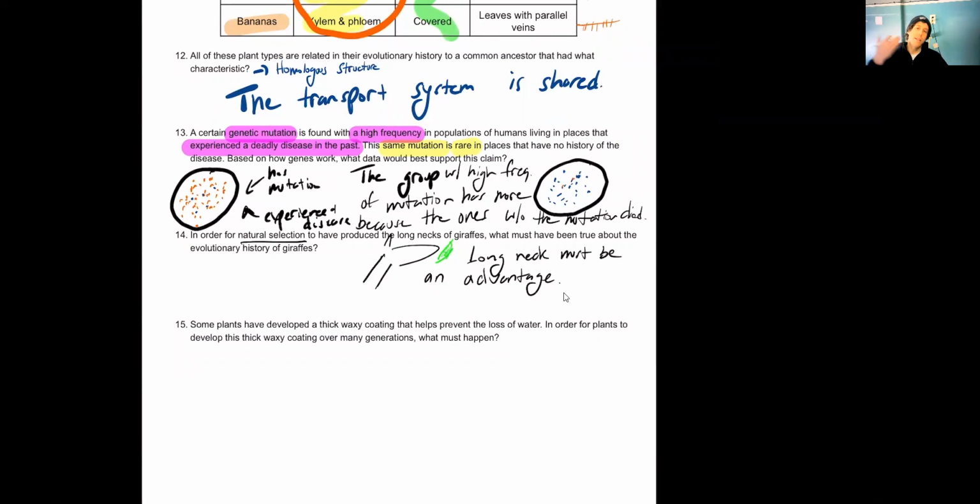If a giraffe always had the same length every time when they're born, their neck would never get longer over time. But because some babies are born with longer necks and some are born with shorter necks, we have what's called a variation. We have differences in traits. So variations of traits leads to natural selection.